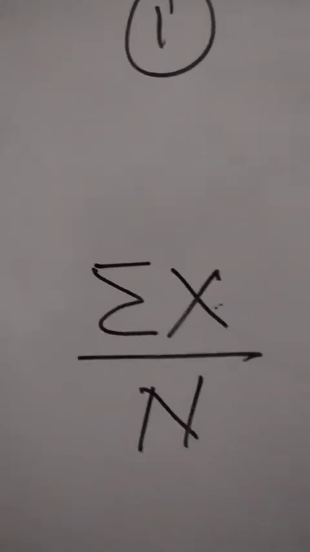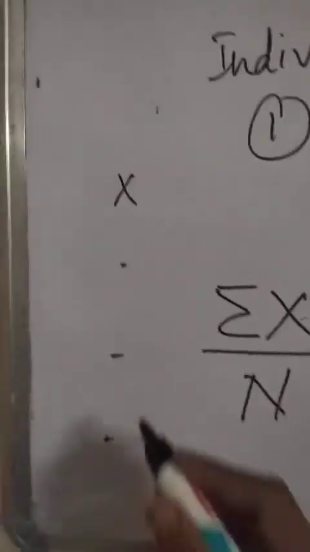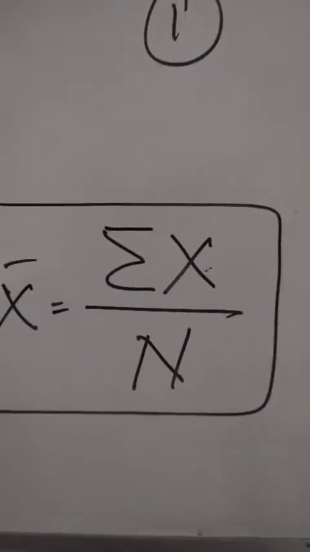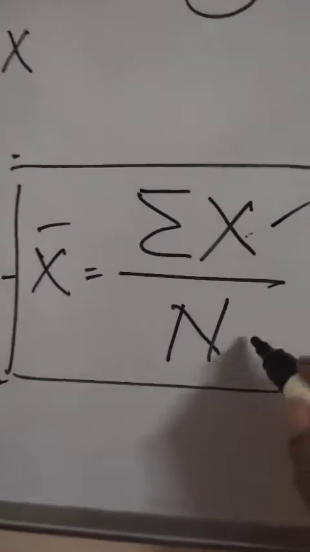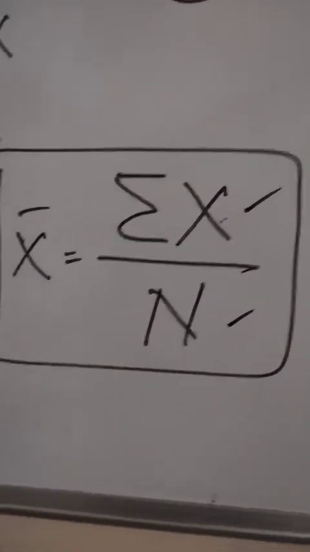So what is the formula for individual series? Here mean is equal to summation x upon n. This is for individual series, where we total the x values and then divide by the number of items given, which is used as n.